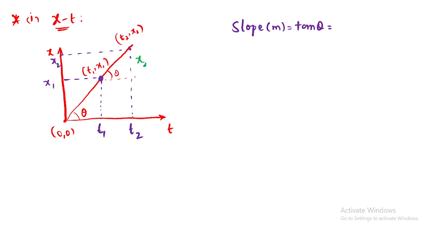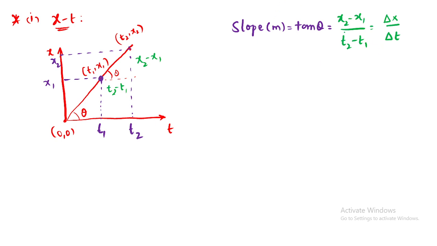This is a difference, x2 minus x1. From here to here it is t2, here t1, so t2 minus t1. So tan theta is opposite by adjacent, x2 minus x1 by t2 minus t1, which is nothing but delta x divided by delta t.